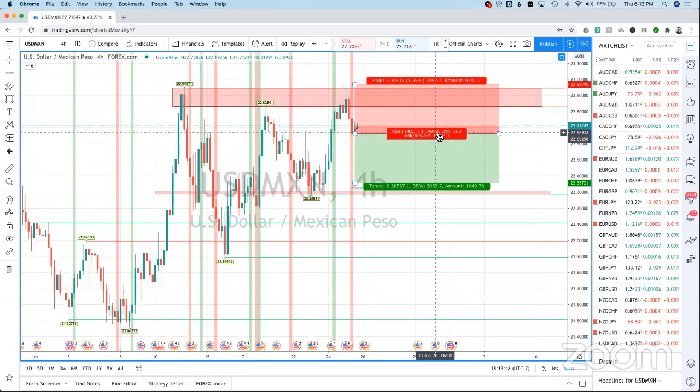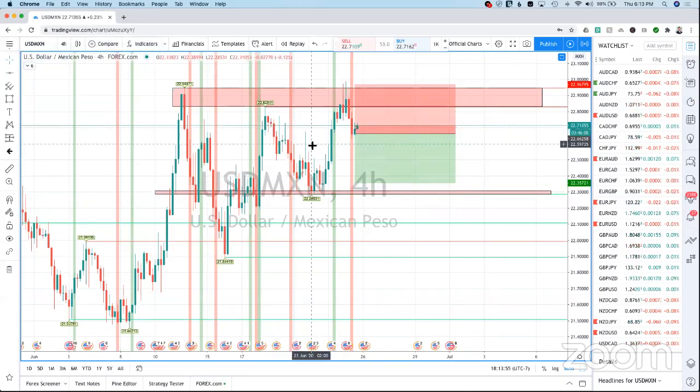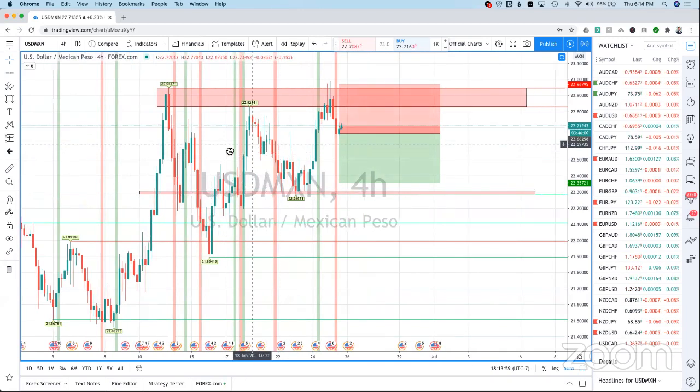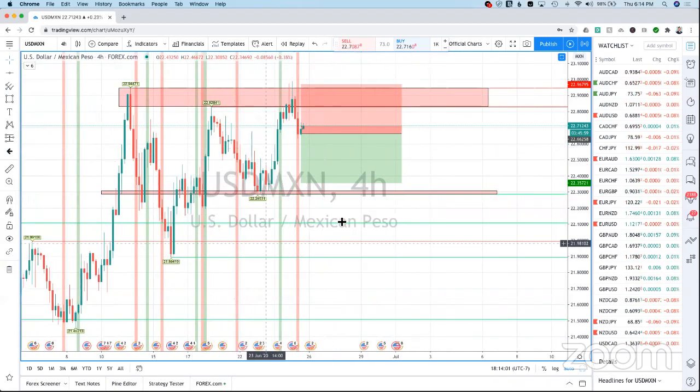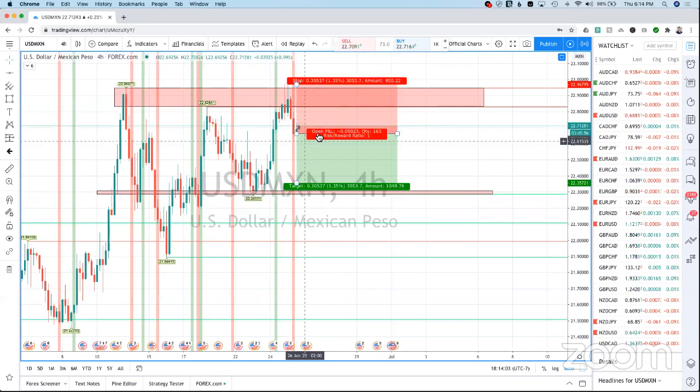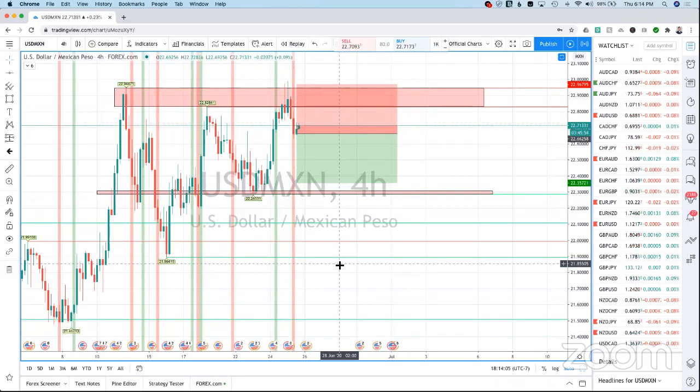I don't know how this pair is measured because I don't trade exotics, but me and Spencer went over this, and there's a lot of good entries that could be taken off this exotic. So if you guys are trading exotics, this would be a good sell entry right here, if you want to. Not required, but I'm not going to call it on the official because I'm not familiar with the pair, so I don't want to give out trades that I'm not 100% sure about.